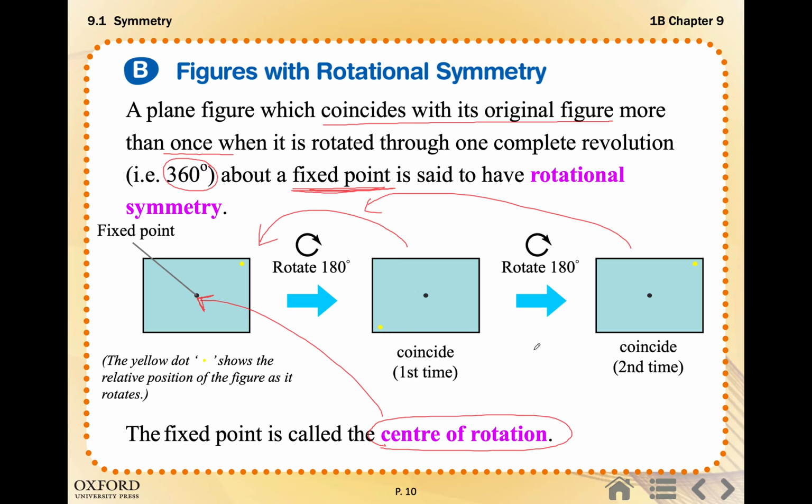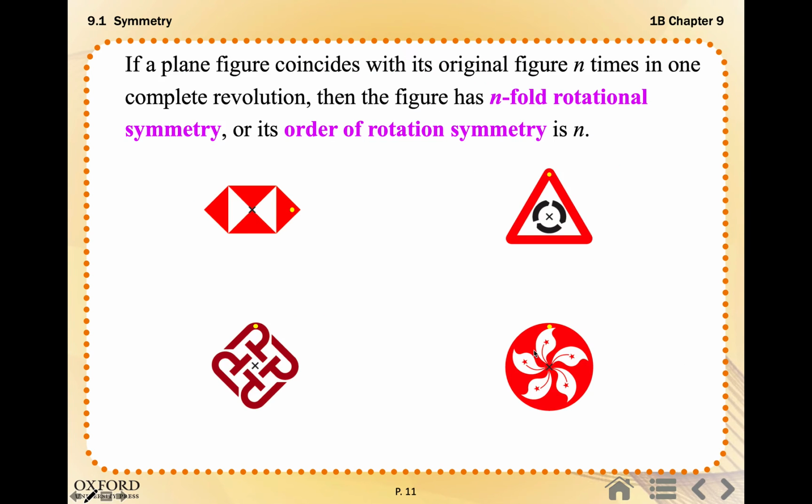And then for the rotation, we look at some more examples in the next slide. You can see that for the other figures, we should count how many times the original figure appears, n times.